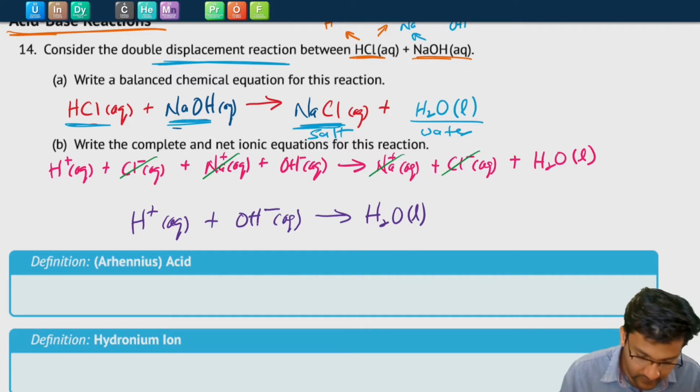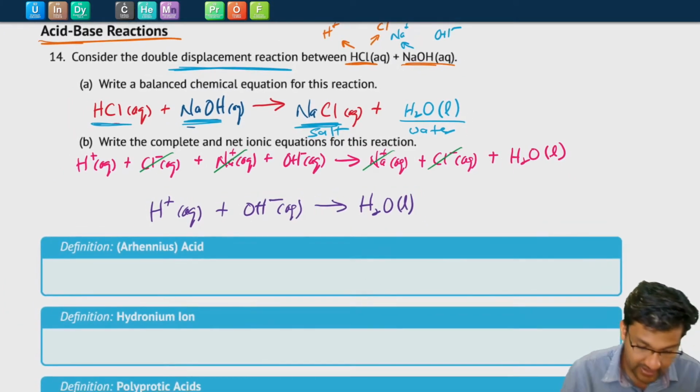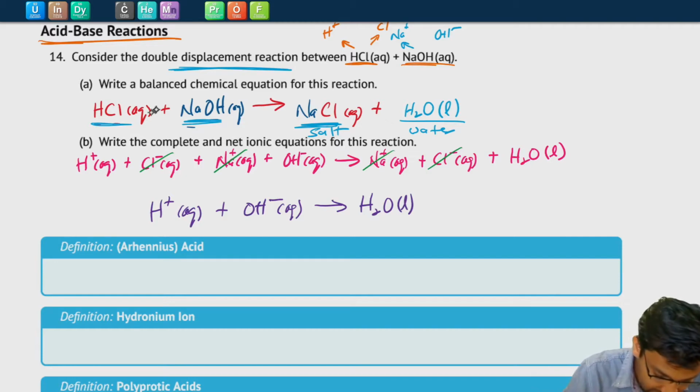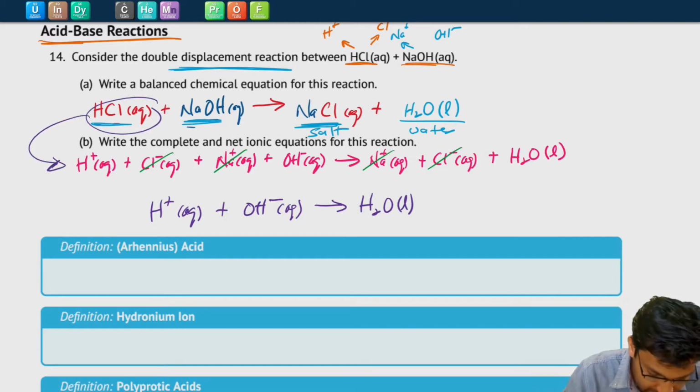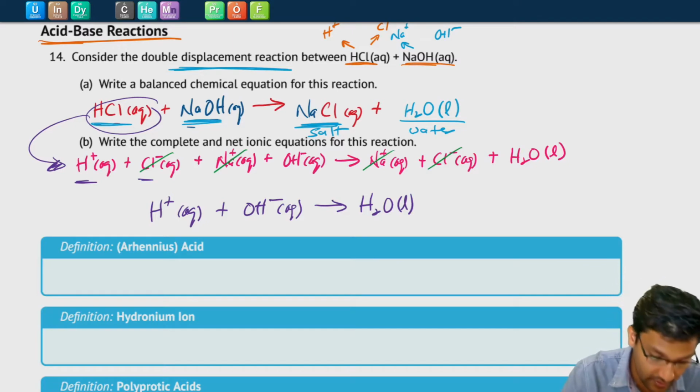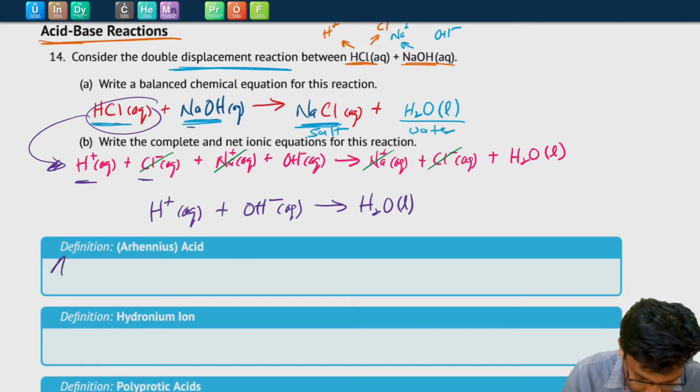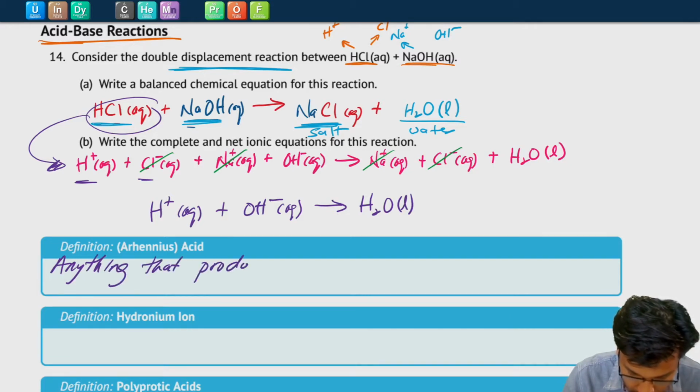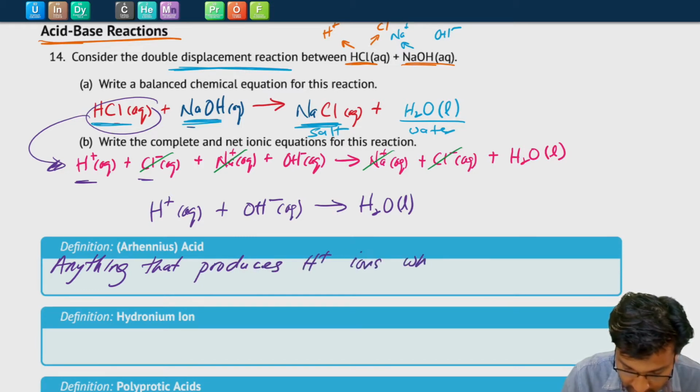I mentioned this is an acid-base reaction, but what is an acid? Well, let's look at HCl. When it breaks apart into H plus and Cl minus, that is the Arrhenius definition of an acid. It is anything that produces H plus ions when dissolved.